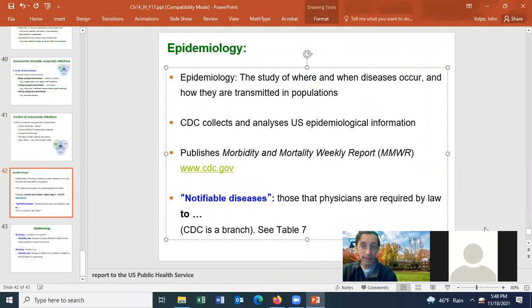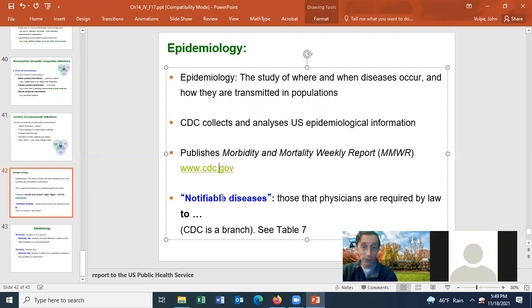The CDC is a branch of the government. Usually the physicians report to a local county health organization. And then the local county health reports to the state health facilities.